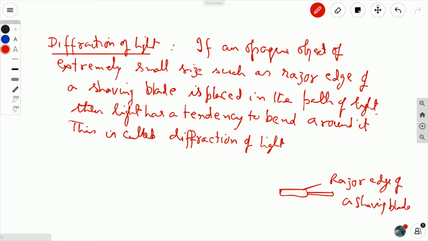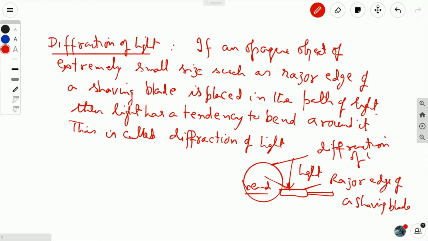If this comes in the path of light, then after striking the razor edge of the shaving blade, the light will bend. This bending of light around it is called the diffraction of light.